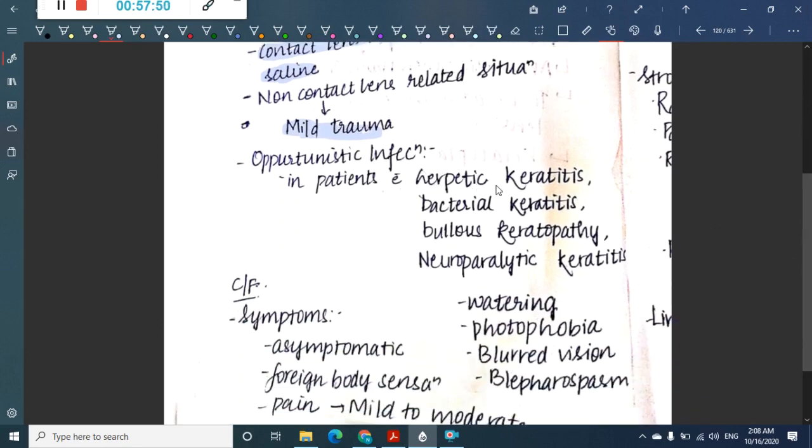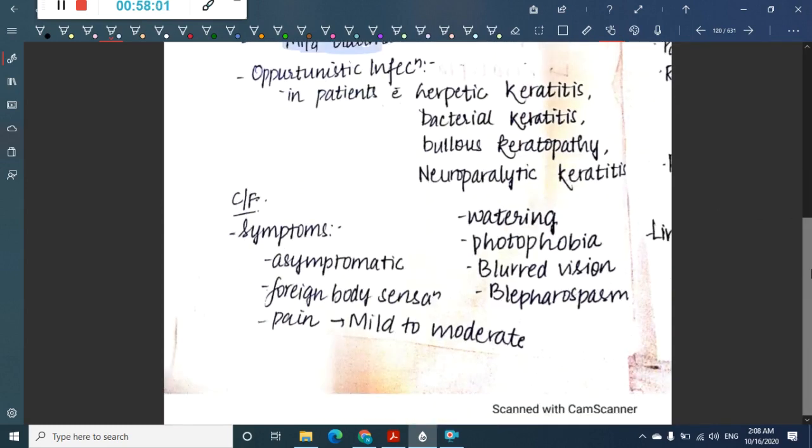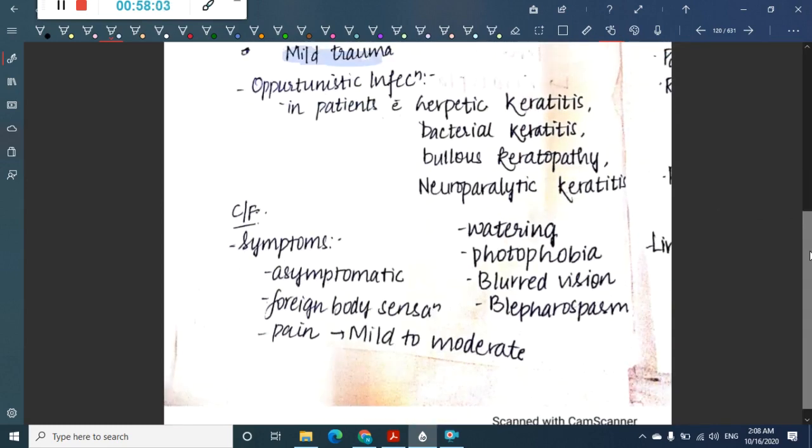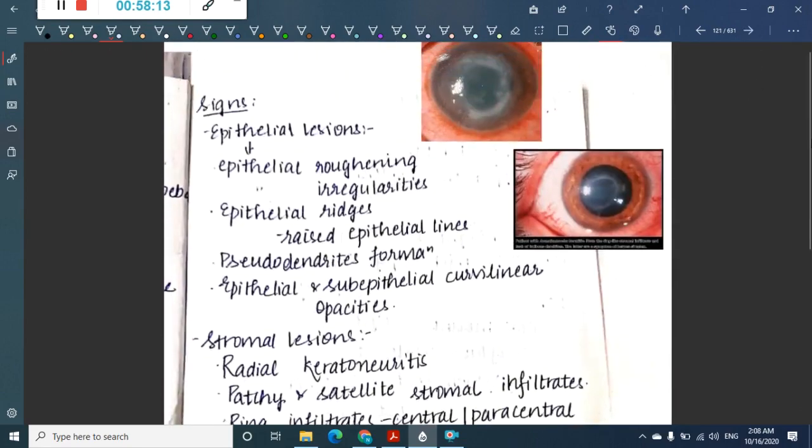Sometimes it is associated with patients with herpetic keratitis, bacterial keratitis, bullous keratopathy and neuroparalytic keratitis. Okay, it can cause symptoms like foreign body sensation, mild to moderate pain, watering, photophobia, blurred vision, blepharospasm, all these can be seen.